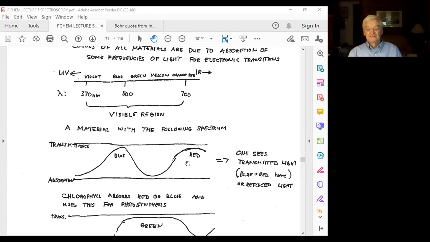So think of blue and red not being absorbed by the dye that you have, but being reflected, while greens and yellows and other colors are being absorbed. This is what color is that you would see in the universe.